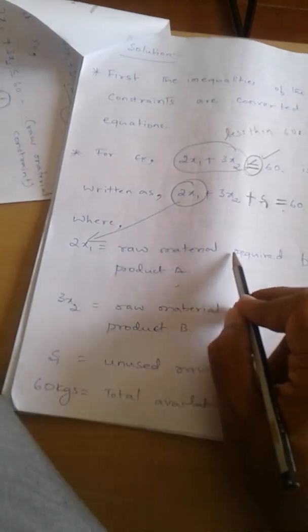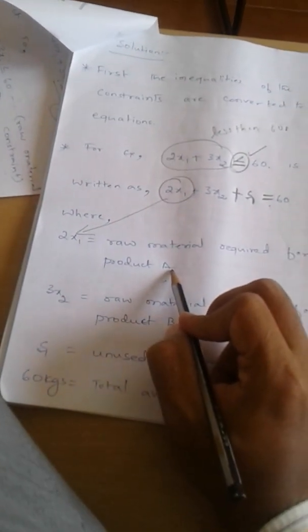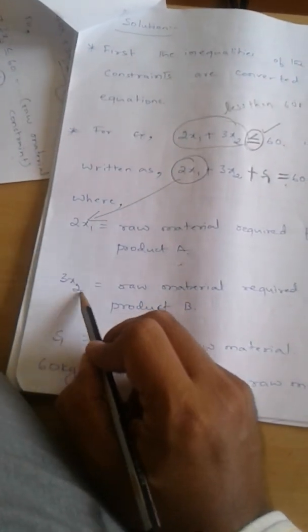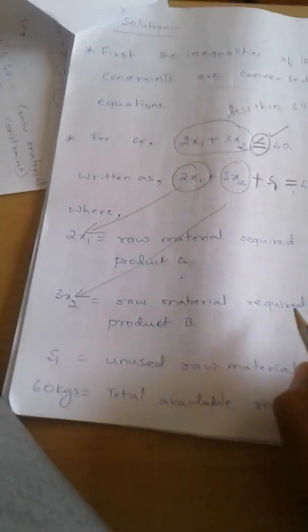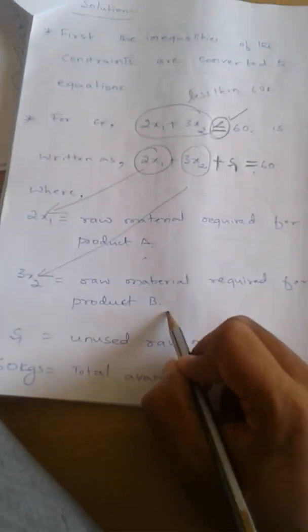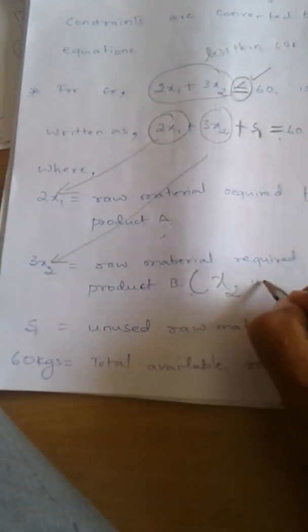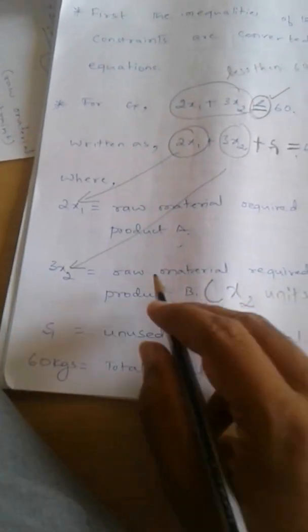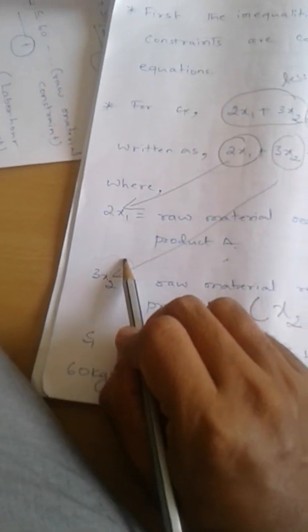So 2x1 is the total raw material required for manufacturing x1 number of product A, and similarly 3x2 is the raw material required for manufacturing product B. If we want to manufacture x2 number of product B, then this is the total raw material, 3x2.